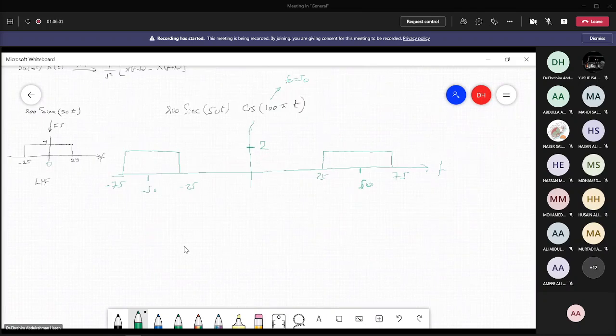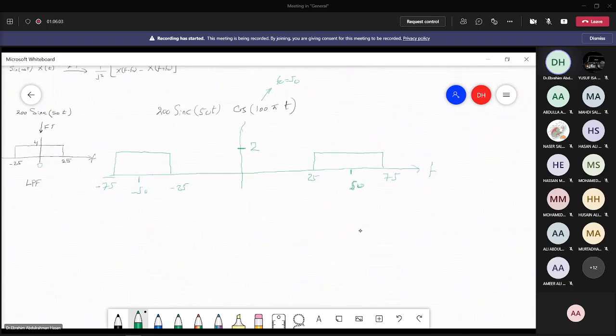Okay, so this is a band pass filter. This is a digital band pass filter. Is it clear? Bandwidth equals from here to here, for sure, that is equal to 50. And this is the central frequency.